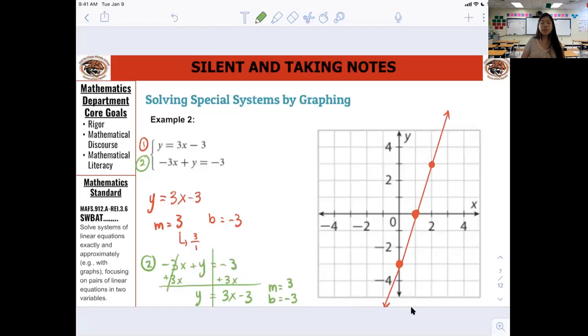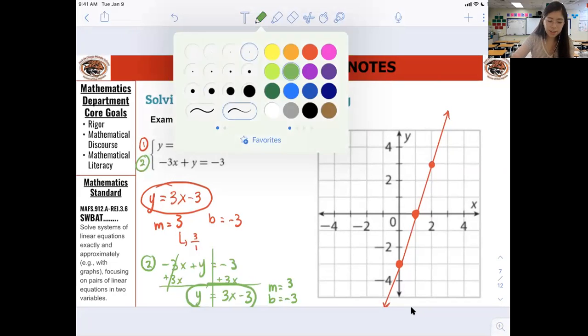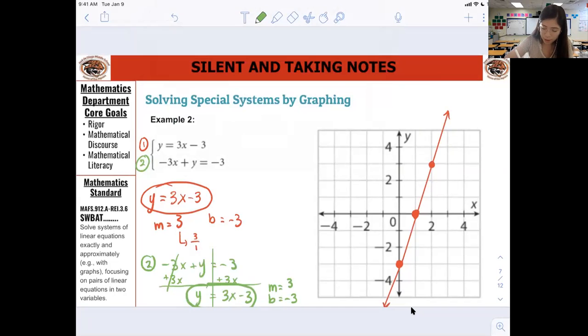And what do you guys think? Is this going to be no solutions or infinite solutions? Infinite. Yeah, because at the end of the day, we have the same slope and the same y-intercept. Put that together, and we have the same exact equation: y equals 3x minus 3. So if I graph the green one, I do the same exact thing. I go to -3, up 3, 1 to the right, and I end up with the same exact line, right on top of the other.